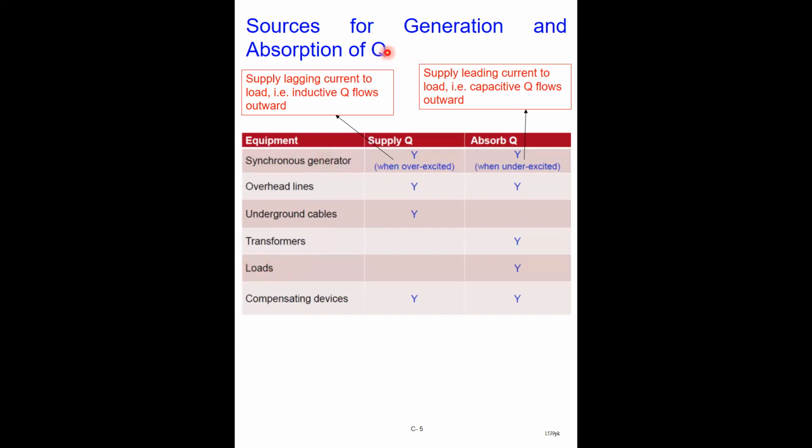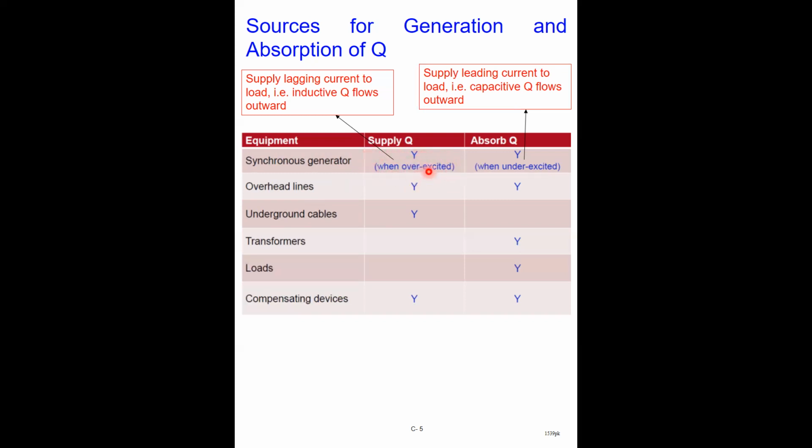But for reactive power, the situation is a little different, because these are the components which are involved. Take the generator first. The synchronous generator has excitation, and in normal operation it is overexcited because we want to maintain the generator terminal voltage.